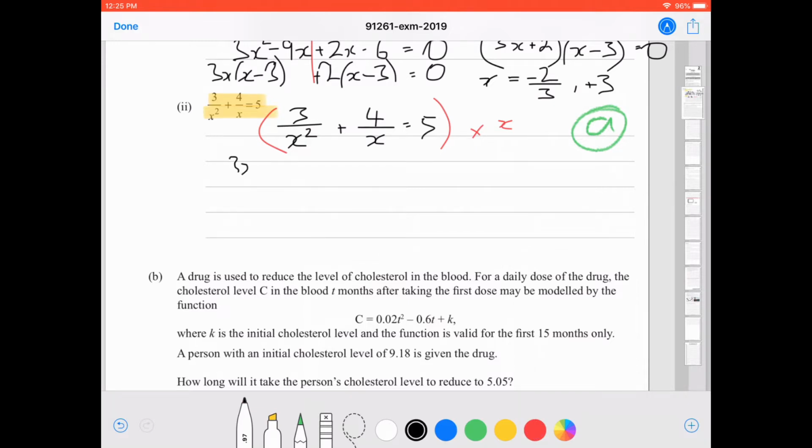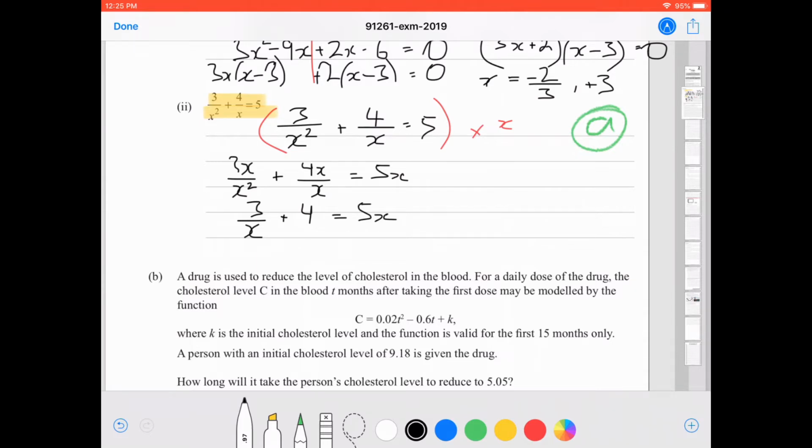So we've got 3x over x squared plus 4x over x, and this equals 5x. So we can simplify here, and we end up with 3 over x plus 4 equals 5x.